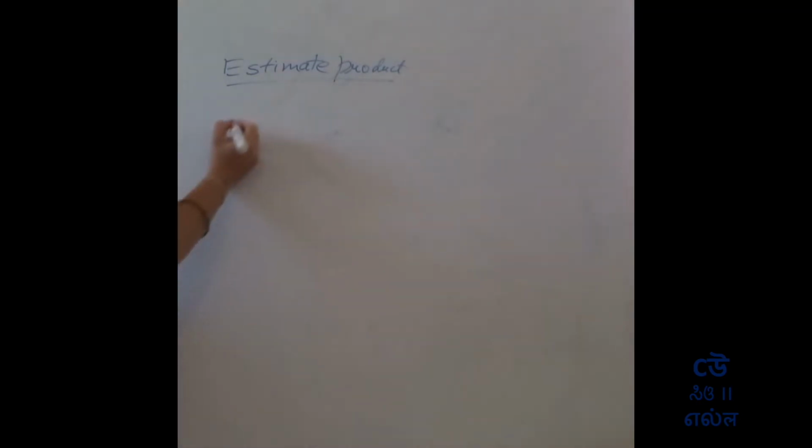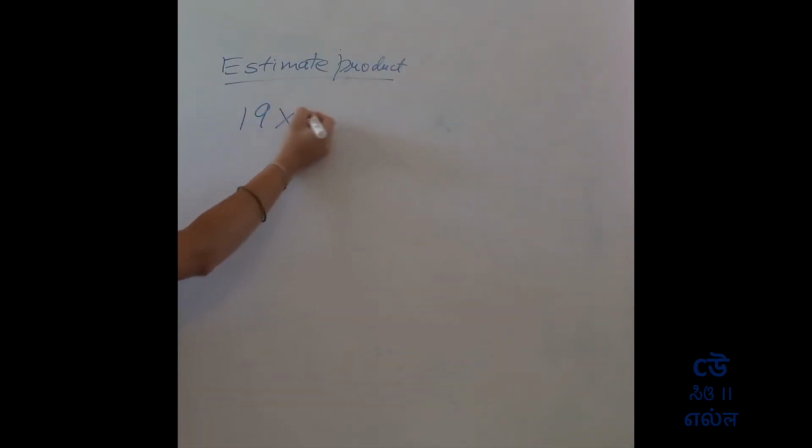Let us take two numbers, children, that is 19 and 78. We have to estimate the product of these two numbers.